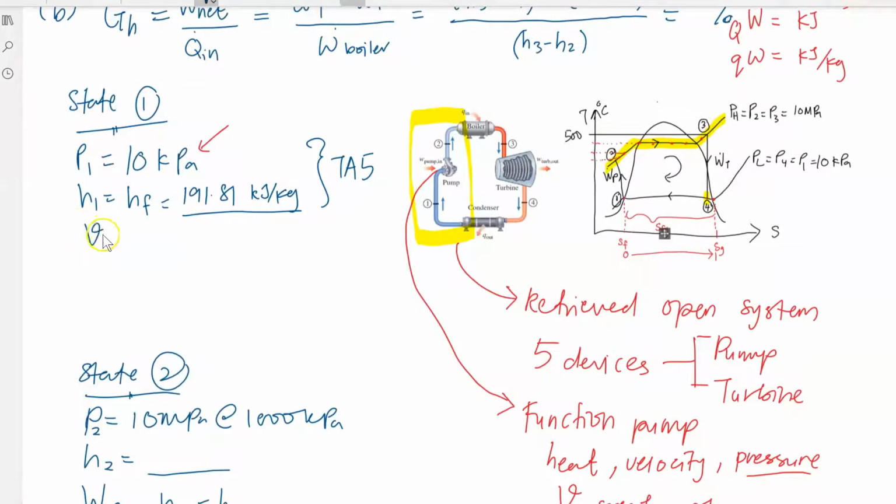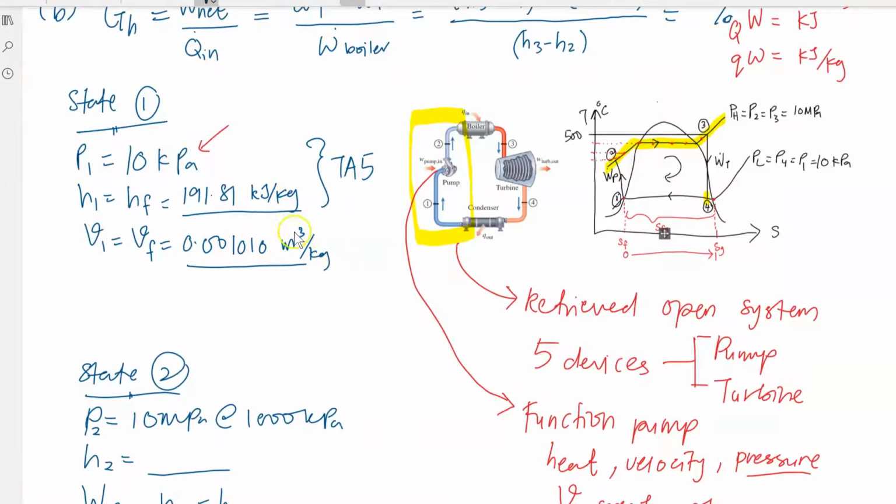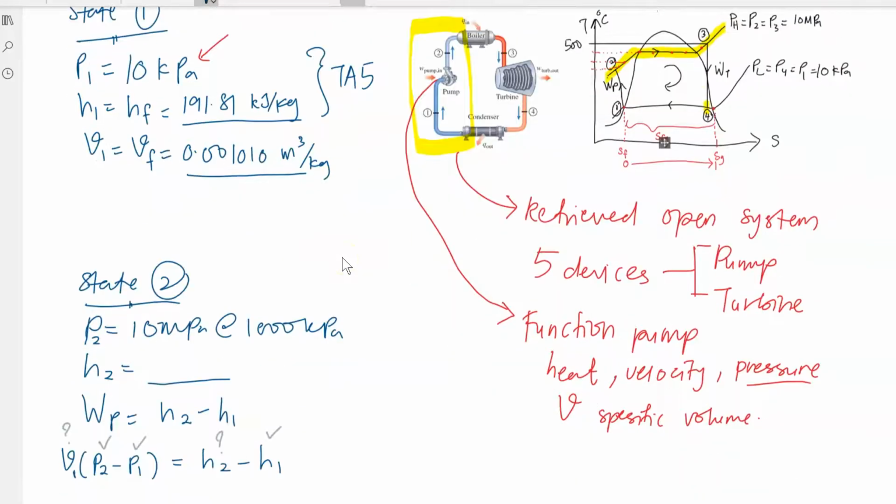And there's another crucial value that you will need, which is your specific volume, where your specific volume is actually your vf over here, the specific volume at saturated liquid at 10 kilopascal, so this is the value over here. Alright, and please don't forget to write down the units of both enthalpy and specific volume.